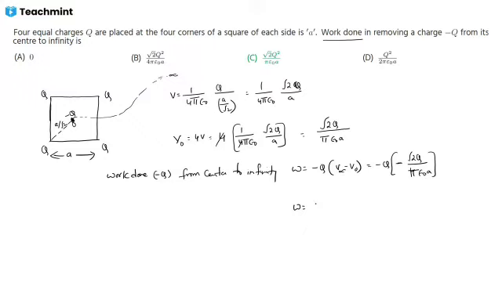So the work done is root 2 into q square divided by pi epsilon naught A. So we can go with option 3. So let us move to the next question, children.